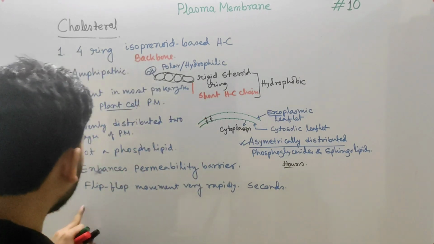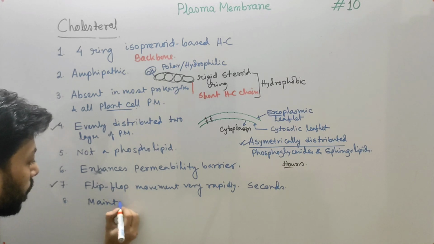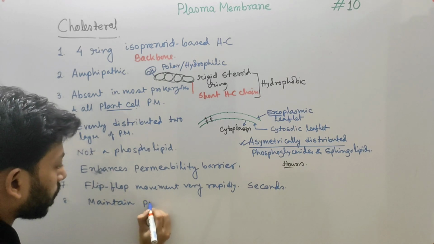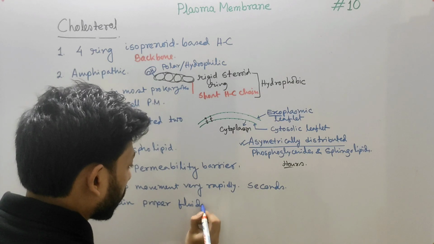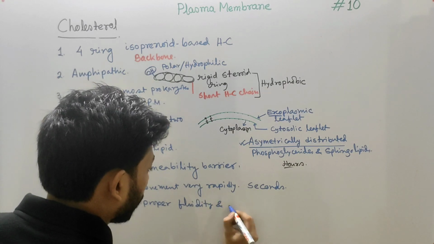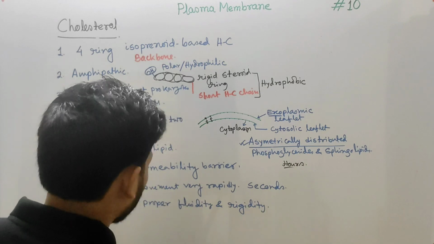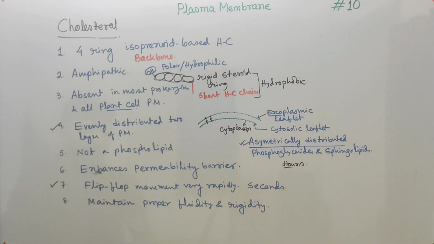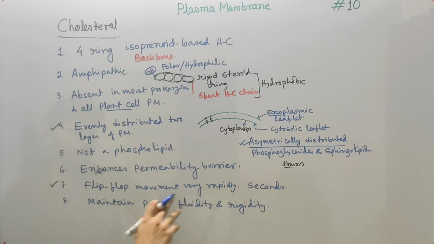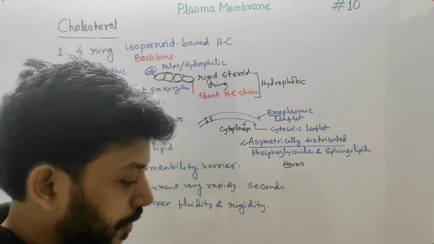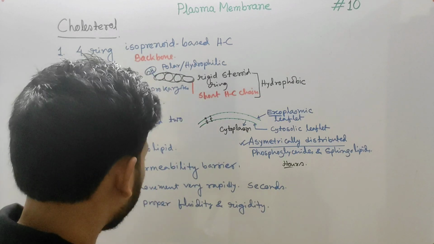So cholesterol can actually maintain proper fluidity as well as rigidity. Okay, this is a very important point. I will take a separate video or class to explain how cholesterol actually maintains the fluidity and also the rigidity.